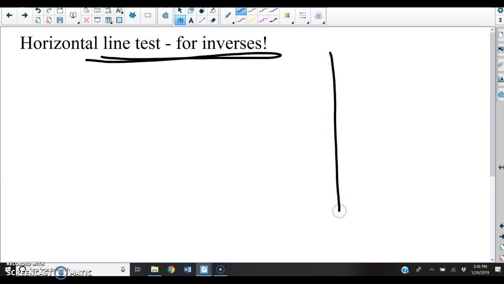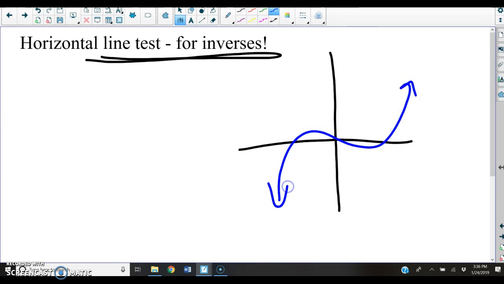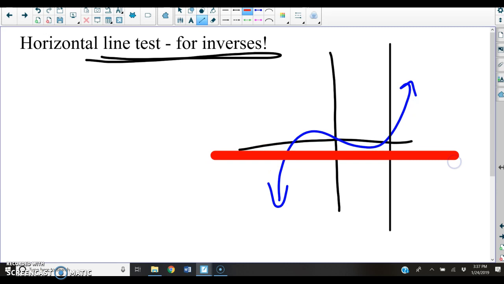Remember, it's a function if no matter what vertical line I use, at no point will my line pass through more than one point. There's not a point that the line will touch twice. Okay, but for the horizontal line test, you're looking at a horizontal line now.